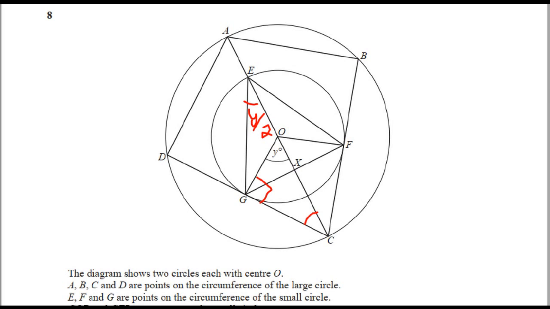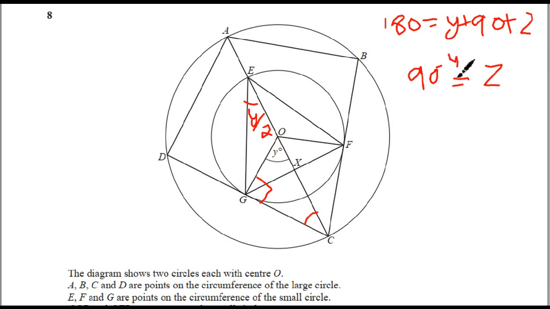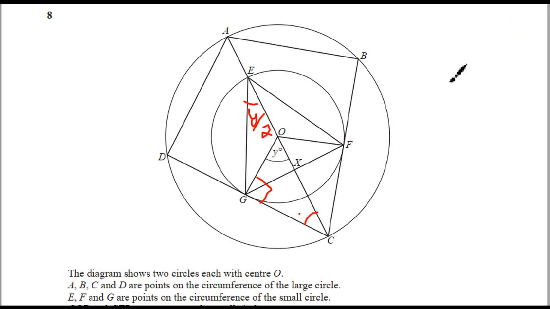Then we can find the third angle easily by doing 180 equals y plus 90 plus, let's call this angle Z, plus Z. So Z in terms of y will be 90 minus y, right? So this angle here will be 90 minus y.